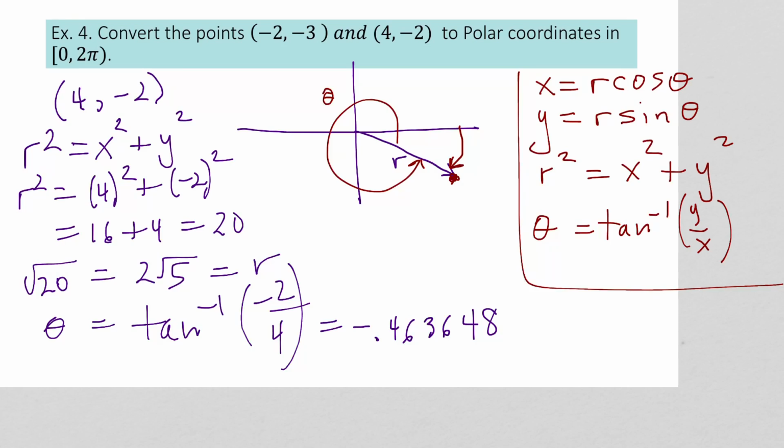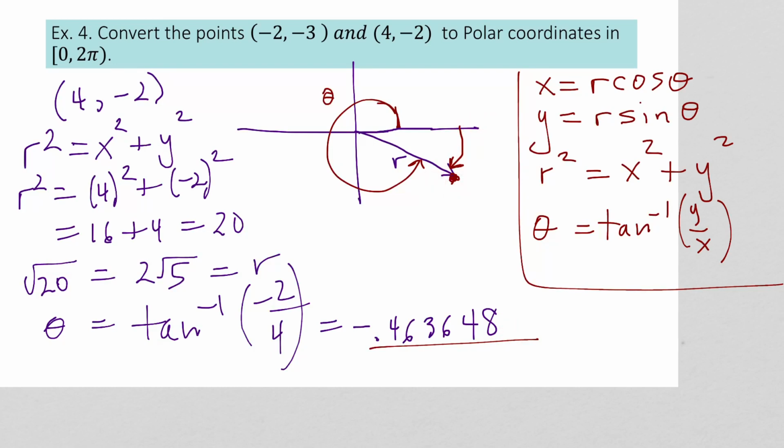If I want that theta from my initial side, it's got to rotate all the way around, starting here and going all the way around to here. So that's going to be 2 pi taking away this little negative angle here, in the fourth quadrant.